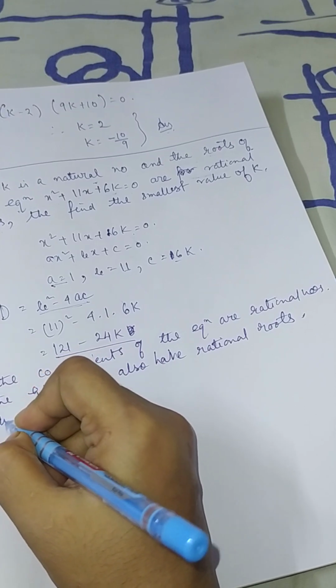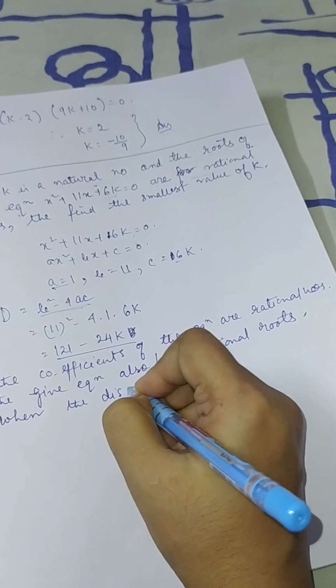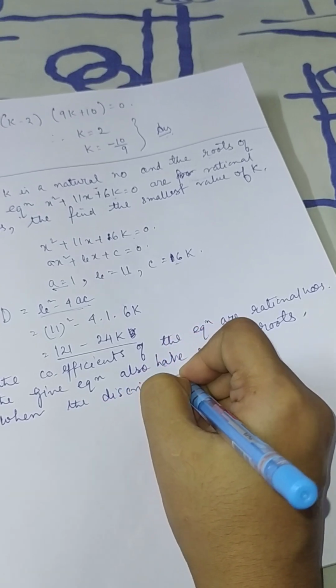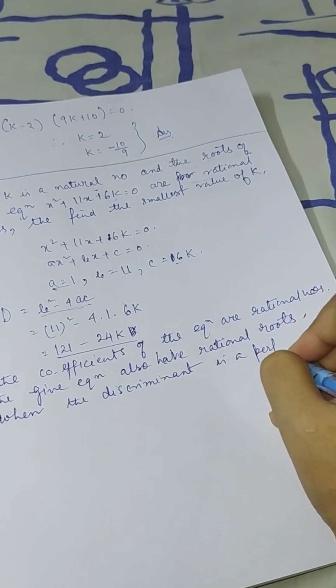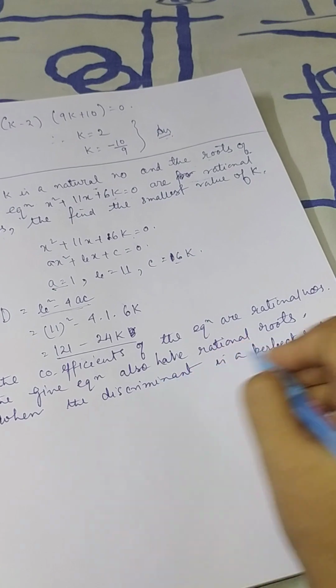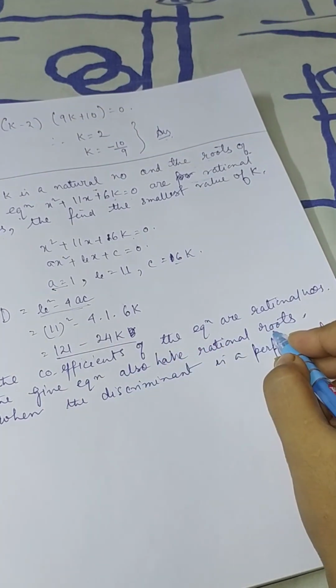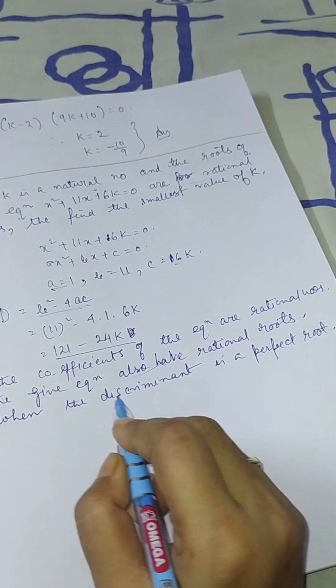When the discriminant is a perfect square, because unless it becomes a perfect square, it will not be a rational number, right?